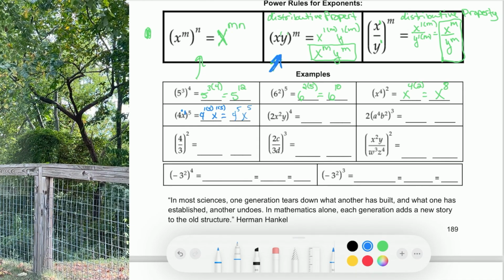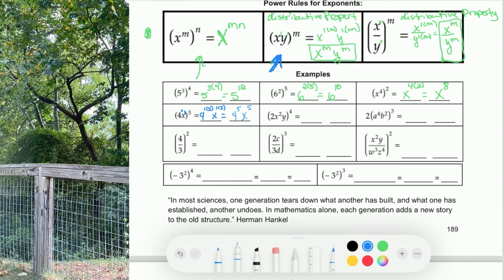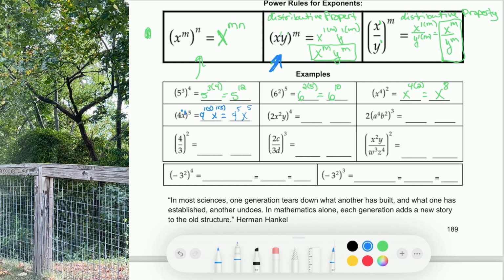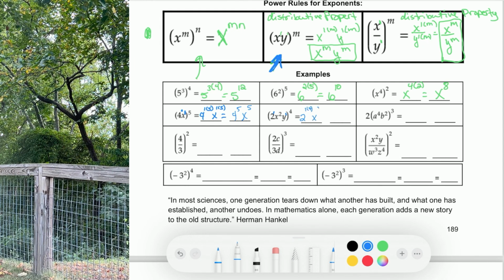Next one. We've got a lot more in this parentheses, but it's going to be the same process. We're going to distribute that power of 4 to everything within the parentheses. The 2 has a power of 1, and so does the y. So we end up with 2 to the power of 1 times 4, x to the power of 2 times 4, and then we have y to the power of 1 times 4.